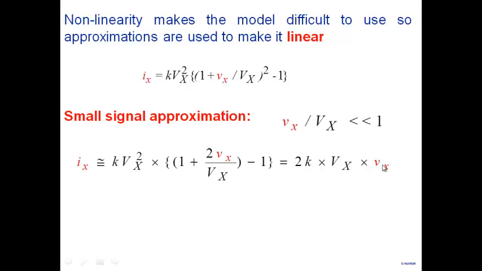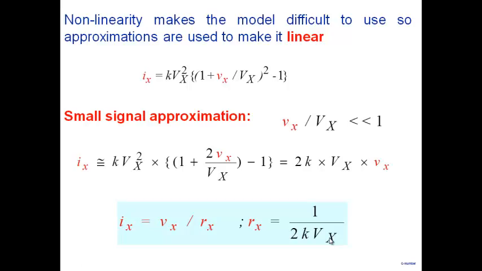It's a linear relationship. Everything is a constant. K is a constant. This is also a constant. Vx is some DC value which is a constant. And so I can write this as ix equal to vx by Rx. So my element X under small signal approximation becomes basically a resistor, a resistor whose value is 1 by 2K times Vx.